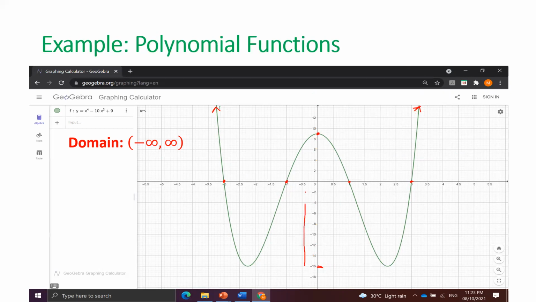So that means the range is the set of all y such that y is greater than or equal to negative 16. So in interval notation, that can be written as square brackets, negative 16, comma, positive infinity, close parentheses.